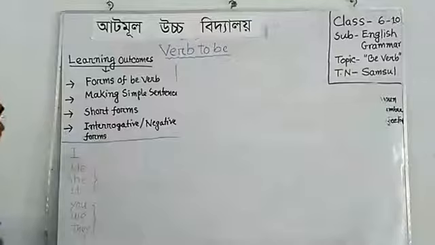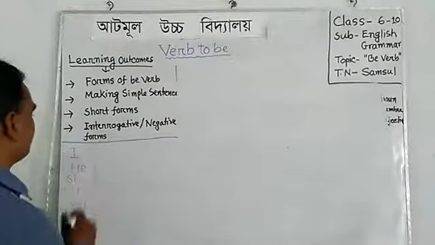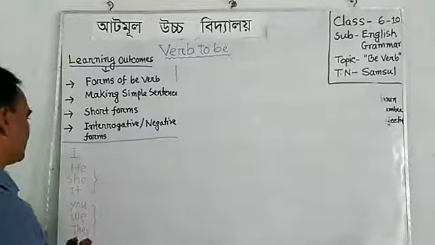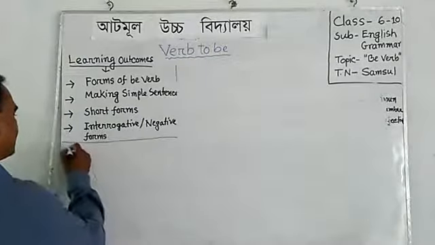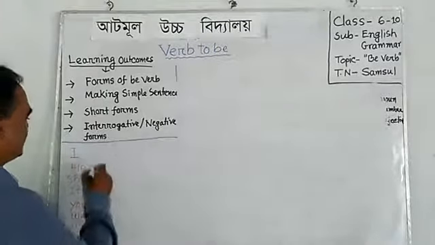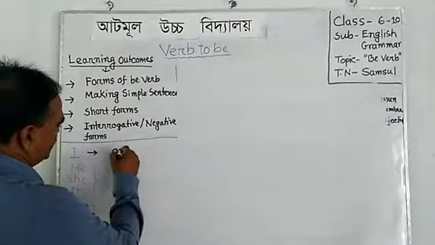Now we will learn how they are used with the different person. And here the first person is I, and what we will use with I, we will use I am.